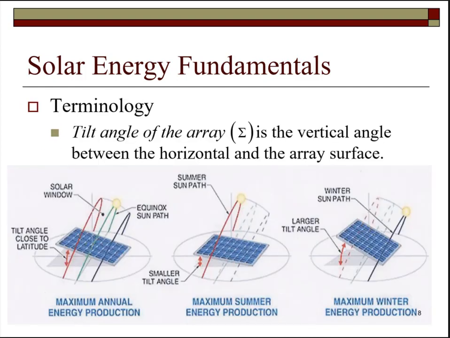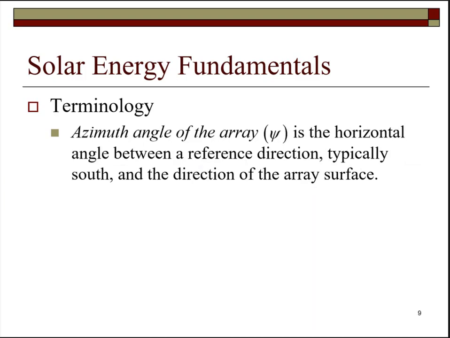Tilt angle of an array is shown here. It's the angle that exists between the horizontal and the angle at which its surface is tilted. In this case, the surface is the solar module or an array. The angle that the surface of the module makes with respect to south is referred to as the azimuth angle of the array.